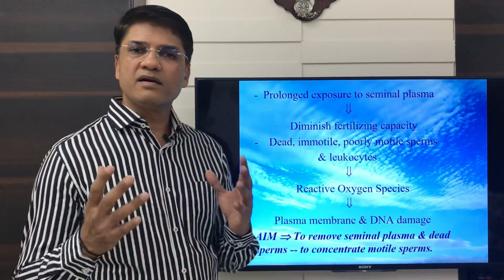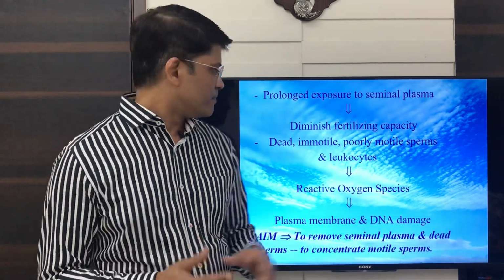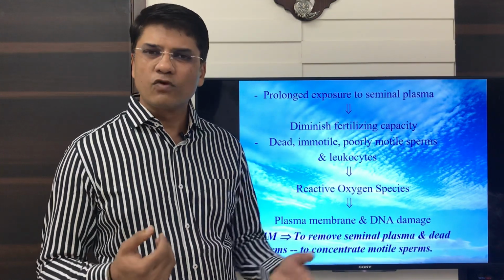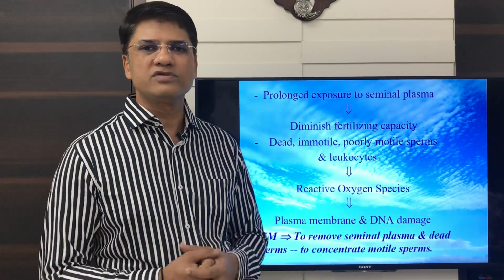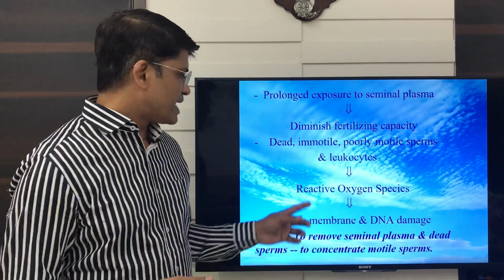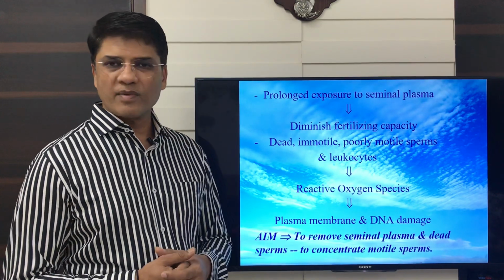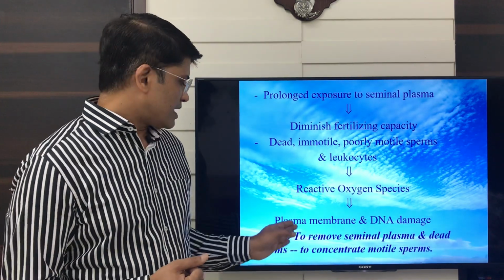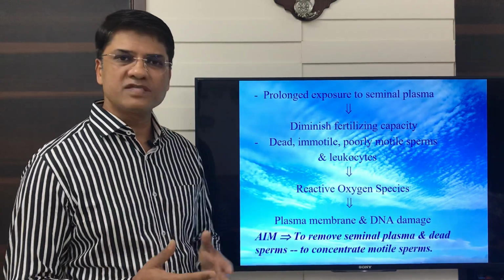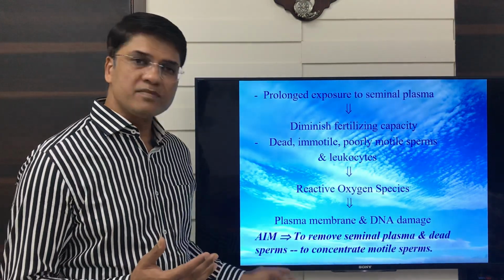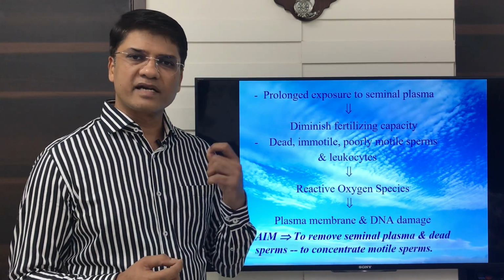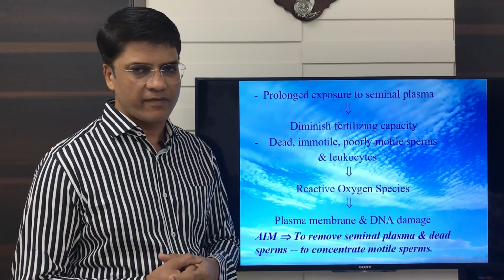When we are centrifuging this semen, usually the dead sperm, immotile sperm, poorly motile sperm, and leukocytes all tend to produce ROS, reactive oxygen species, and they can cause damage to the plasma membrane and DNA. So what is our aim of doing IUI or washing? To remove seminal plasma and dead sperms and to concentrate motile sperms that we can inseminate in the uterine cavity.